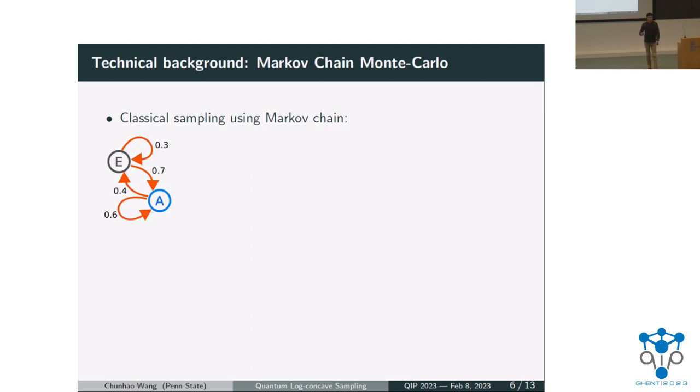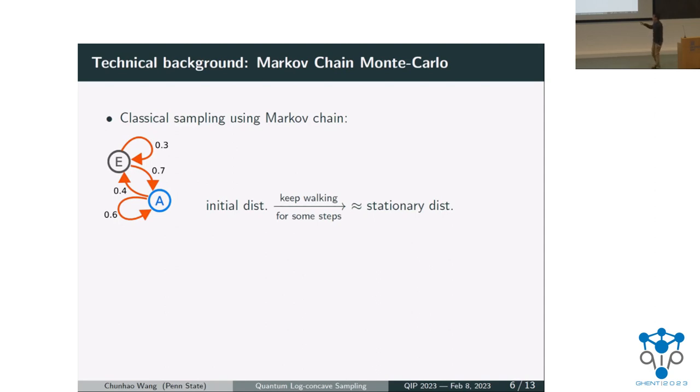It contains a number of states, and there are transition probabilities defined from a state to every other state. Classically, people start from an initial distribution and keep walking randomly according to the transition probabilities. They hope that after a number of steps, the probability distribution will converge to the one you want.